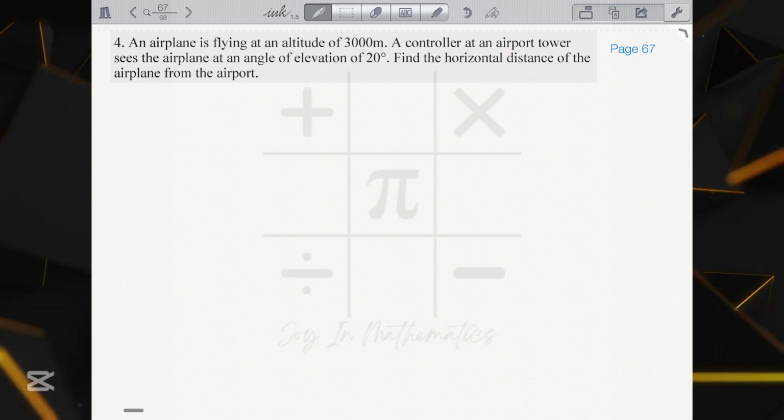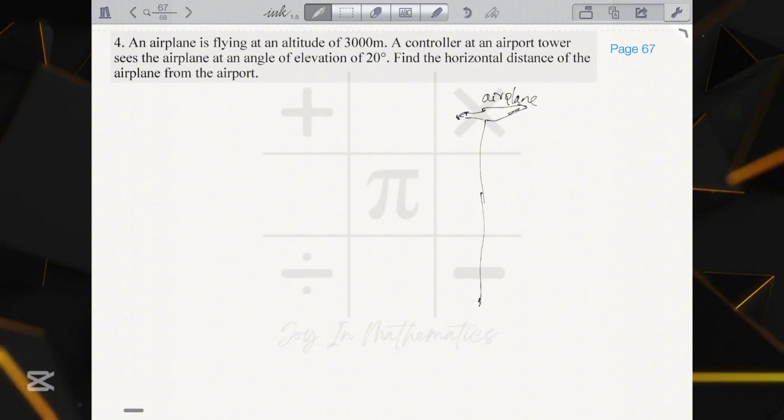So let's take, for instance, we have an airplane flying. Sorry, I'm not so good with diagrams, but let's just have an airplane. We have an airplane flying at an altitude. So the distance of the airplane to the ground is 3,000 meters.